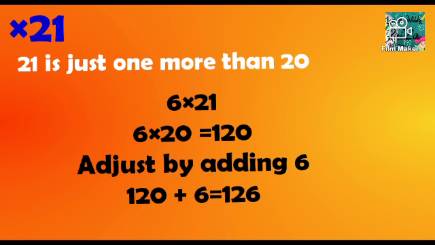Later on, since 21 means 1 more than 20, you have to do addition here. Add 6 to 120. Why do we add 6 here? Yes, because you are multiplying 21 by 6. So the answer is 126. Here we adjusted by adding the extra 6. So this is how the easiest methods of multiplying by 19 and 21 work, with the knowledge of multiplication by 20.